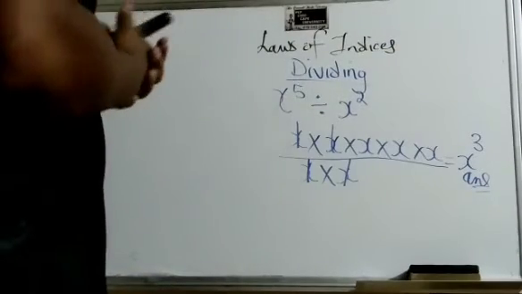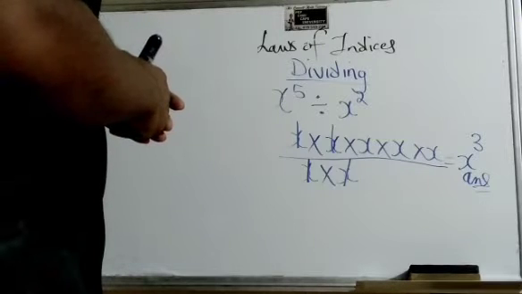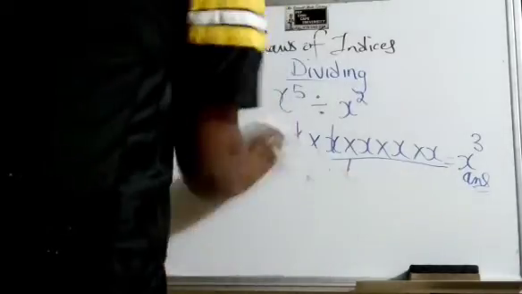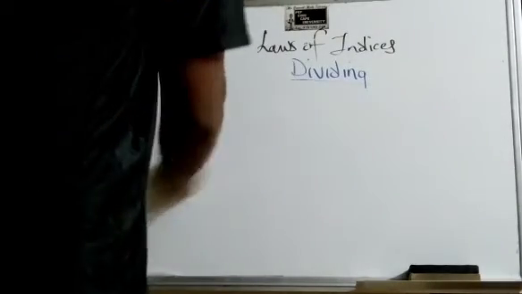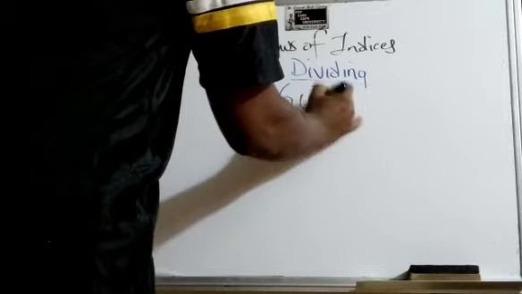Alright, what if a whole number or two whole numbers are involved? How do we treat that? Let us look at that. So let's say we have 6y to the 7th divided by 2y to the 5th.